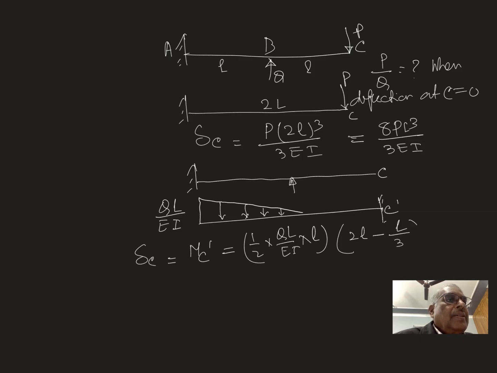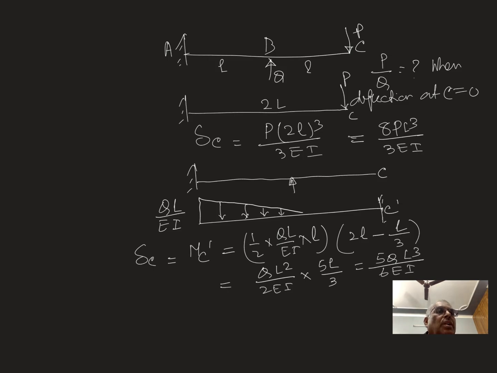So QL square upon 2EI into 6L minus L by 3, that is 5L by 3. So this is equal to 5QL cube divided by 6EI.